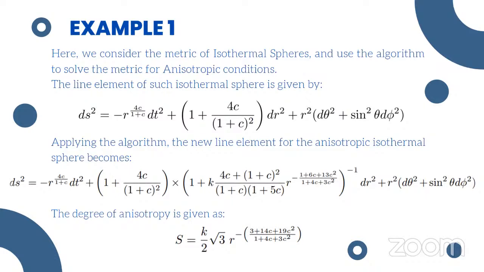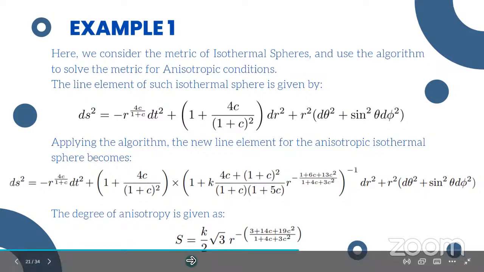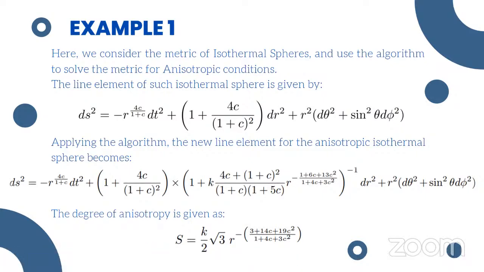And the new line element for the anisotropic isothermal sphere thus becomes like this, the second expression that you can see. Now, comparing these two expressions and using certain mathematical methods, we obtain the degree of anisotropy as the third expression given by S equals K by 2 square root of 3 into R to the power of coefficient.